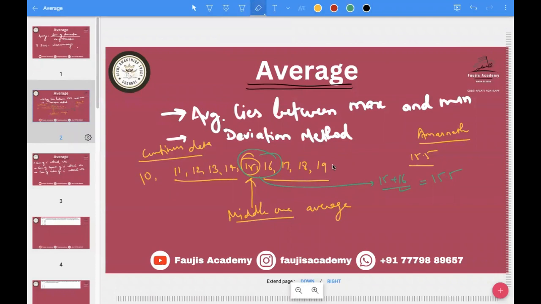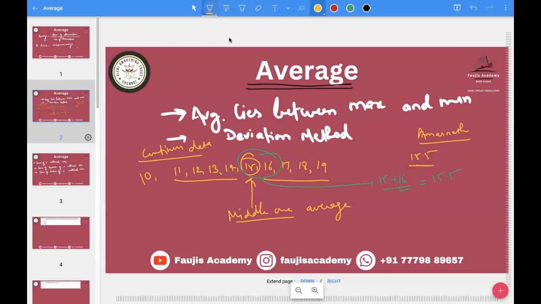What will be your average? Amarnath and Kaleshwaran, you had this doubt. Tell me, what will be the average over here? Kaleshwaran, we have included 10. 14.5.